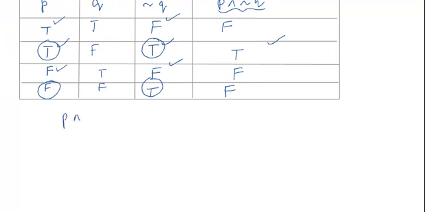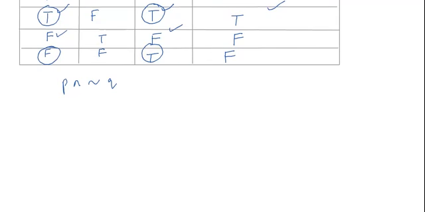The statement P is, if I become a teacher, that is, I become a teacher, then this conjunction is represented as and.